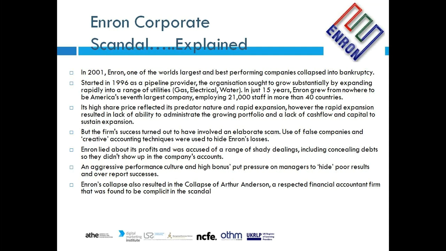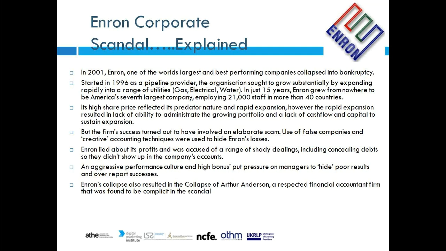In 15 years, Enron grew from nowhere to America's 17th largest organization, employing 21,000 staff in more than 140 countries. Its high market share reflected its nature and rapid expansion. However, the result was a lack of ability to administrate its growing profile, and a lack of cash flow and capital to sustain it.